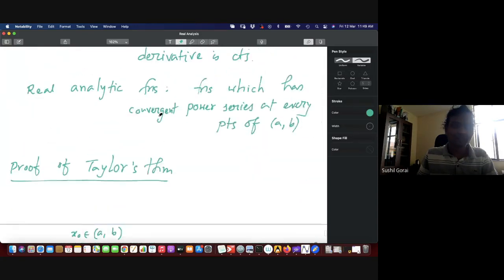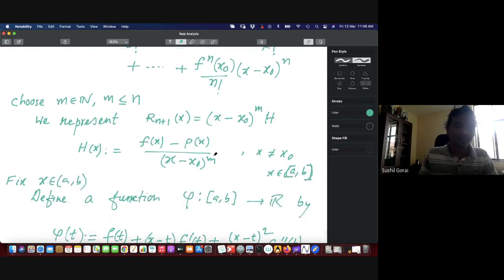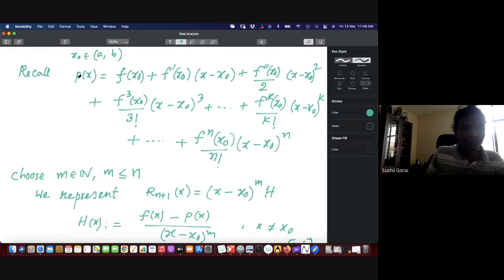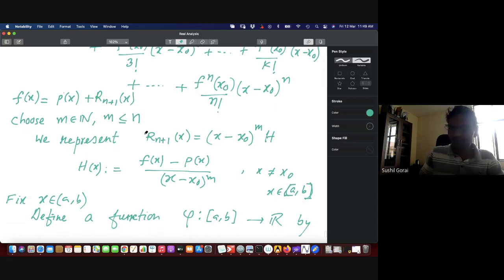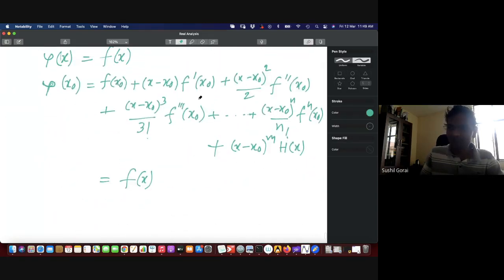So this is p of x, and f of x is p of x plus R n plus 1 of x, right? That gives you f of x, and here this part gives you f of x.